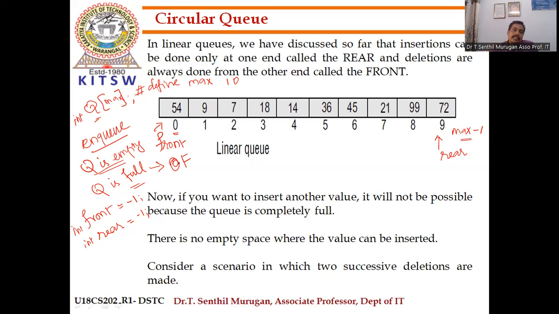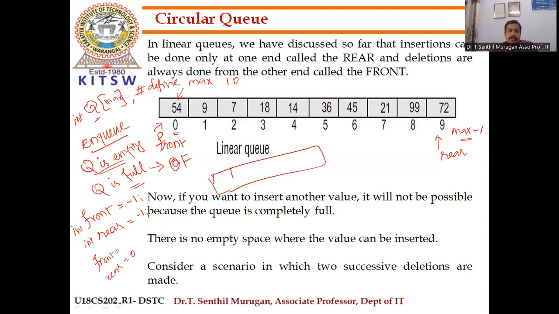So initially -1 means the queue is empty. If empty, both the pointers will point to the first location when we insert the first element. For that reason we change front equal to rear equal to 0. That means now both the front pointer and rear pointer are pointing to the first location, because the queue was previously empty.